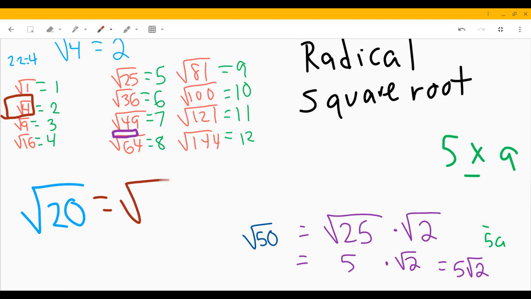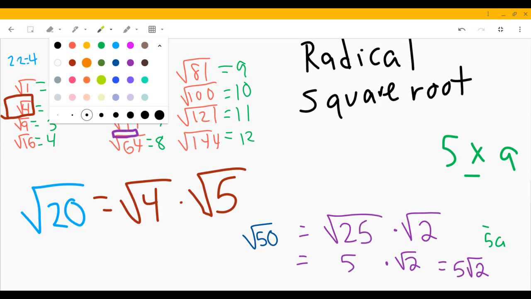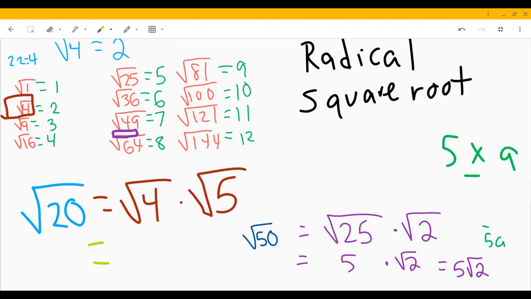So I can rewrite this as the square root of 4 times, and I know that 5 times 4 gives me 20, so it'll be radical 4 times radical 5, or the square root of 4 times the square root of 5. And we know that the square root of 4 is equal to 2. So our final answer is going to be 2 radical 5.